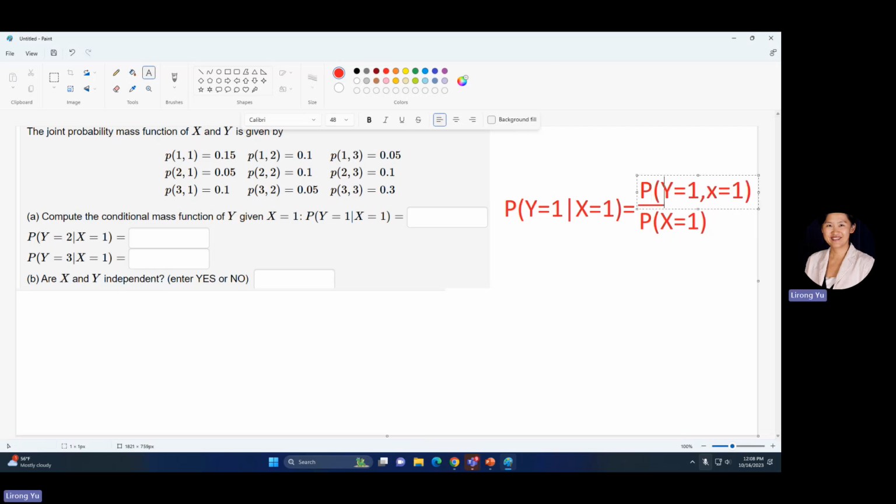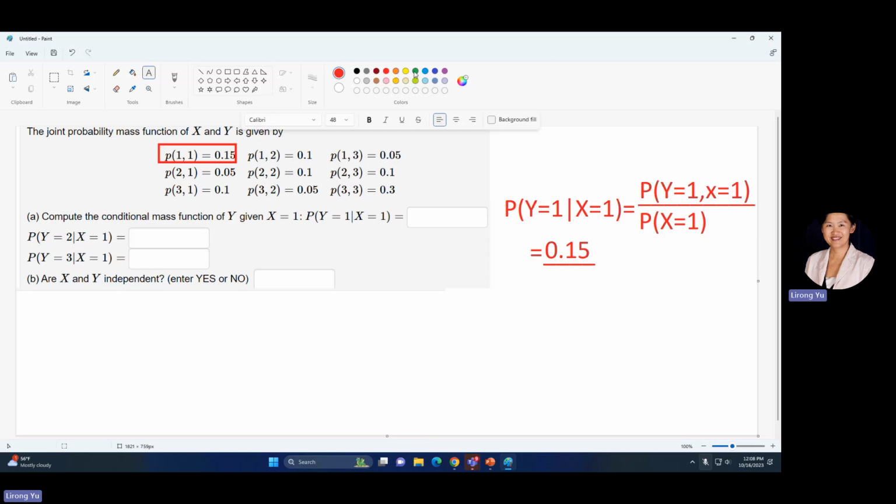That's how it's supposed to be calculated. So the numerator is (1, 1), and that's this one, 0.15.